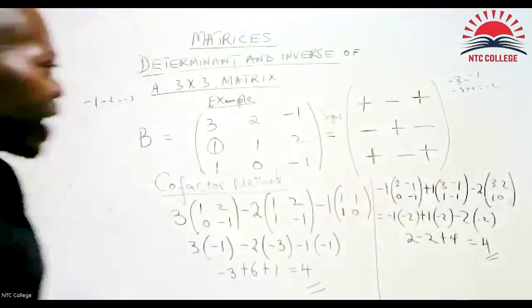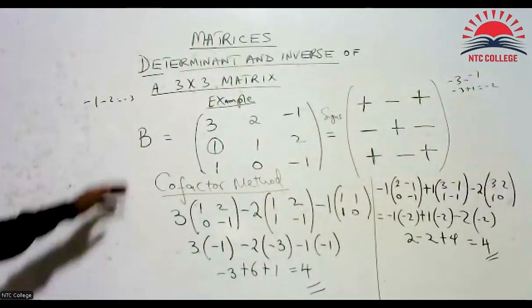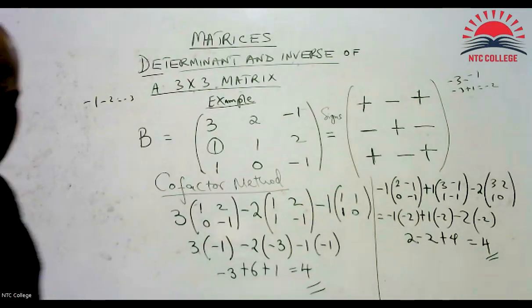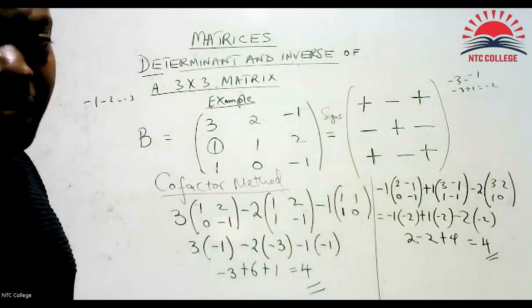After I've explained that, I will come back to give you the alternative method of finding the determinant of a 3 by 3 matrix. This method is the cofactor, but there is still method 2.